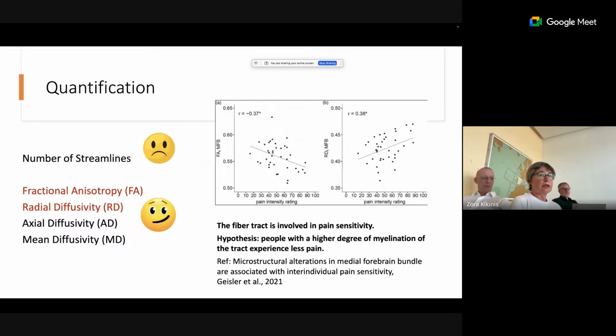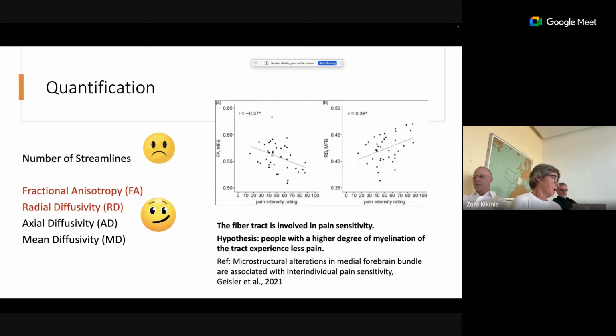So for us, what we interpret is that this track really is involved in sensing or transmitting the pain. And because we do see changes in FA and RD, we hypothesize that people with a higher degree of myelination of the tract can experience less pain.